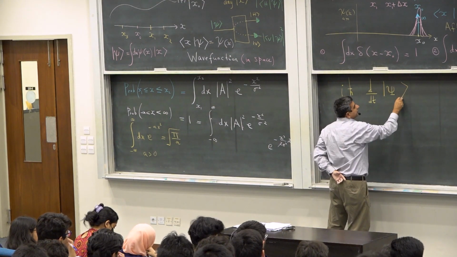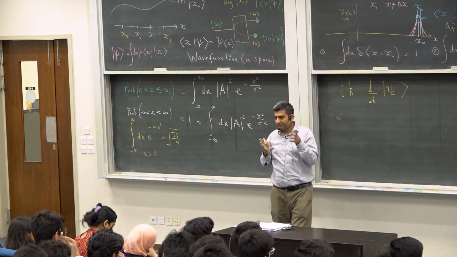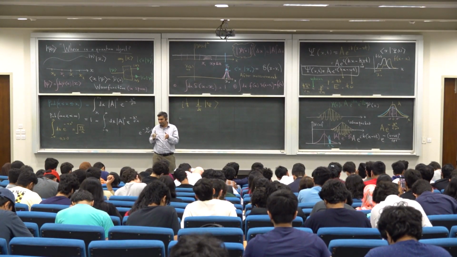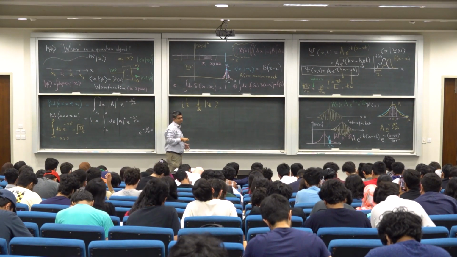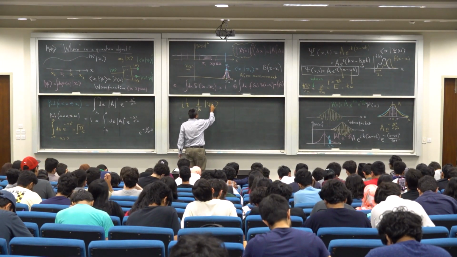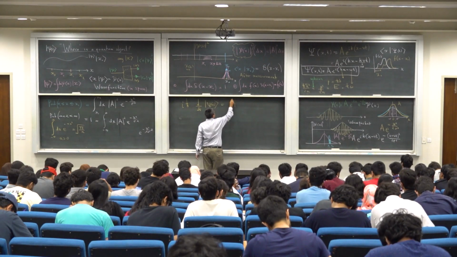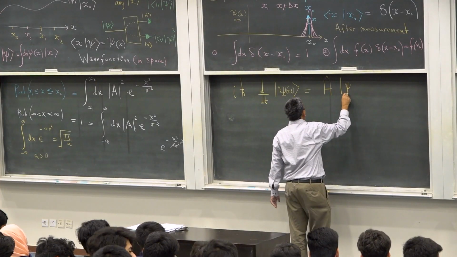Now this is a function, big psi, because it has the possibility of x dependence and time dependence. So it's a function of x and of time. This equals the Hamiltonian on the ket.